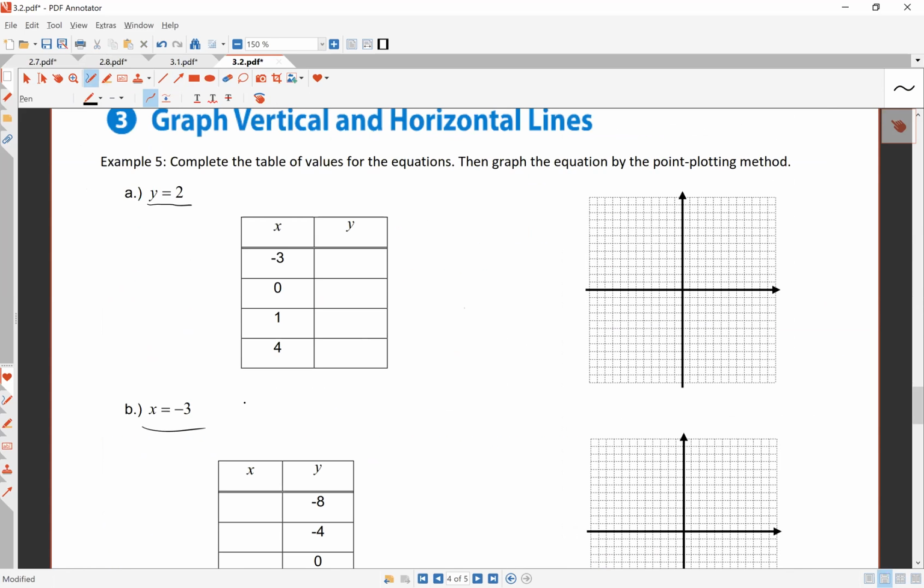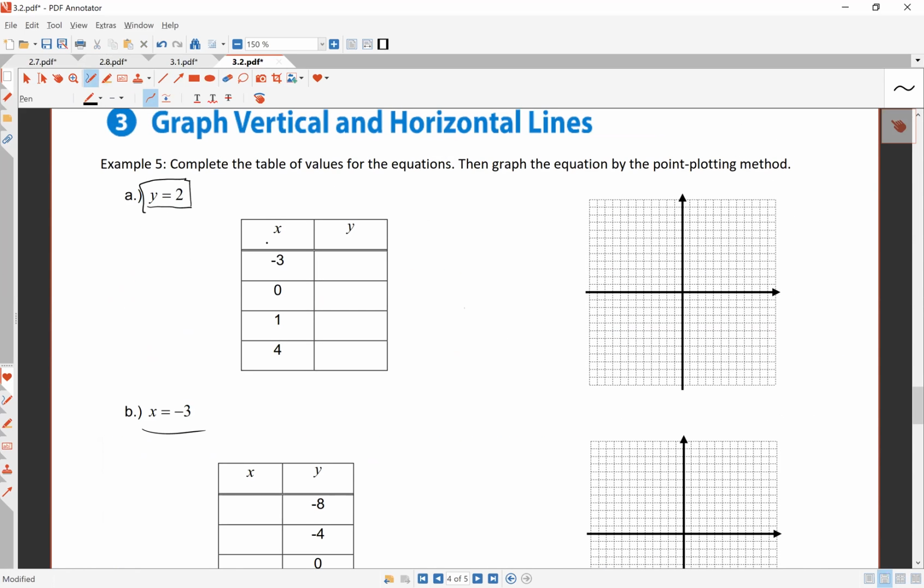You can see this by saying if y has to always be 2, and you plot those points, negative 3, 2, and 0, 2, and 1, 2, and 4, 2, if they're always going to be 2, then all you're going to do is graph a line through all the y equal 2's, which gives you a horizontal line.